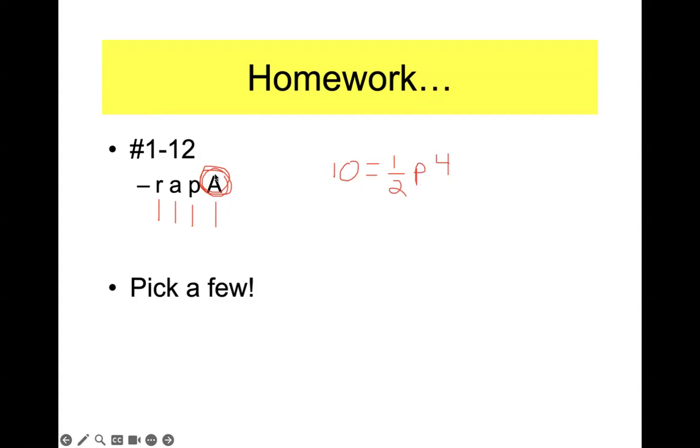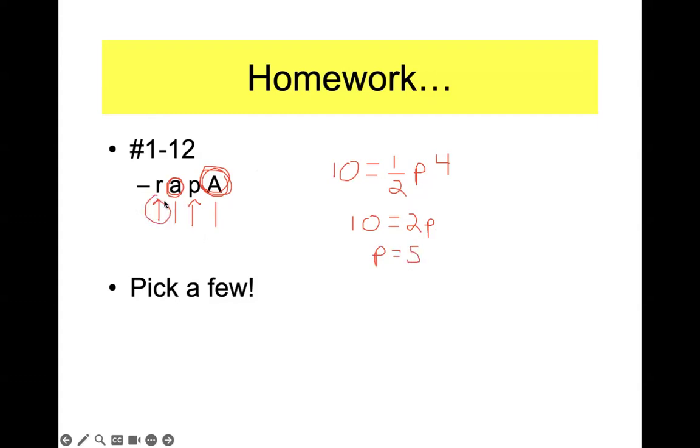So they gave us the area and the apothem, and we're trying to figure out the radius and the perimeter. So I can calculate the perimeter from this. 1/2 of 4 is 2, so I get 10 is equal to 2p. Therefore, p is equal to 5. That was easy. So the perimeter is equal to 5.